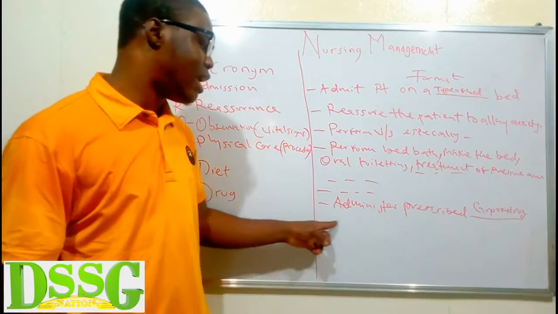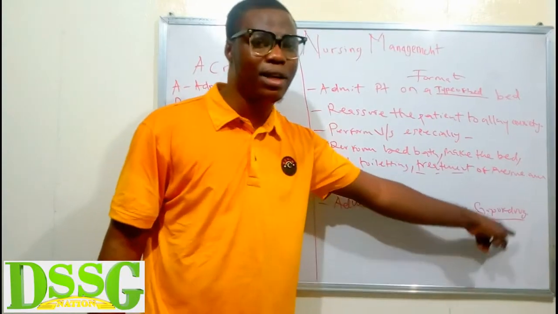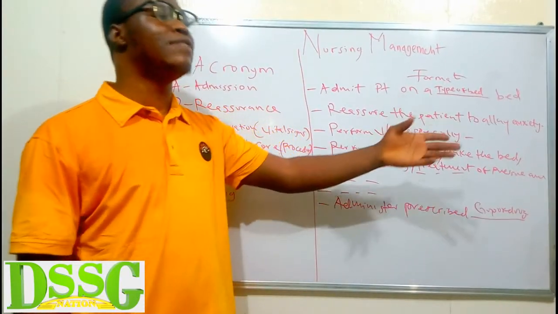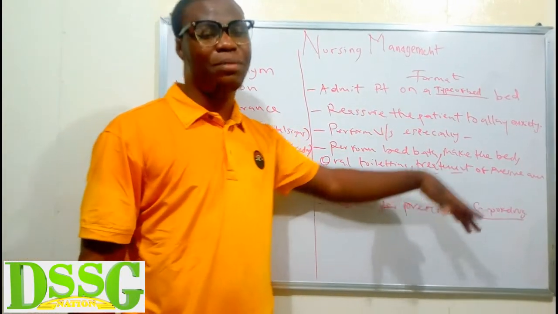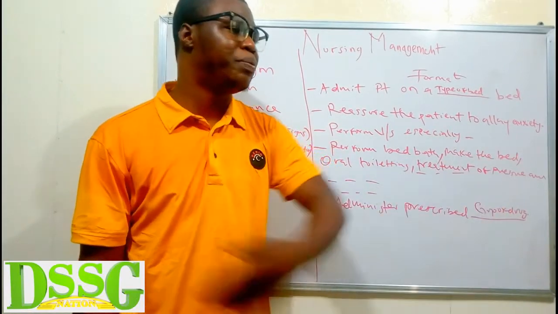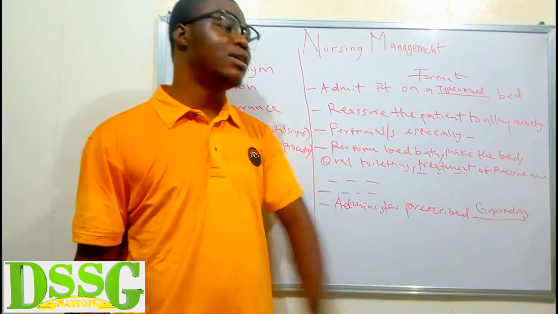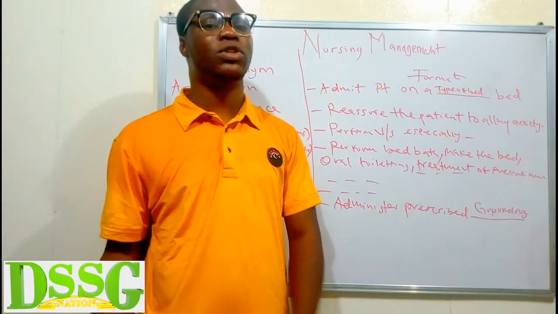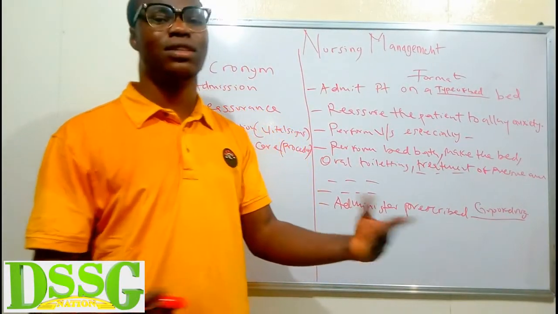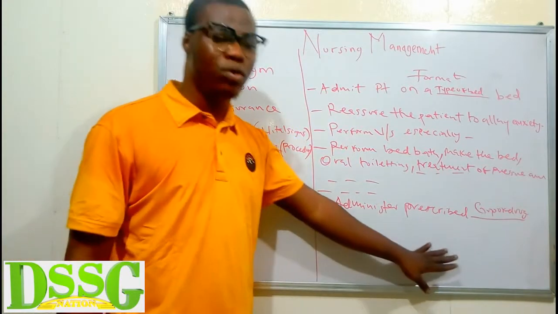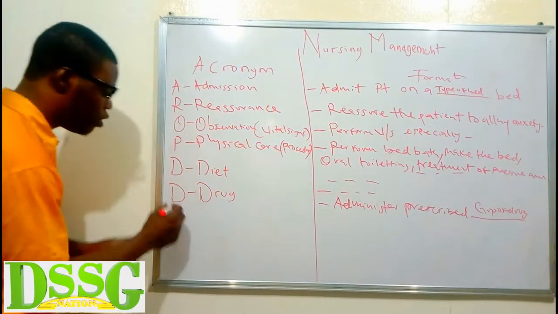So it is what? Administer prescribed anti-malaria. If it is hypertension, administer prescribed antihypertensive. You can put classes under it. Like if it is antihypertensive, you can be talking about beta blockers, alpha blockers, and the like. So that is about the drug.